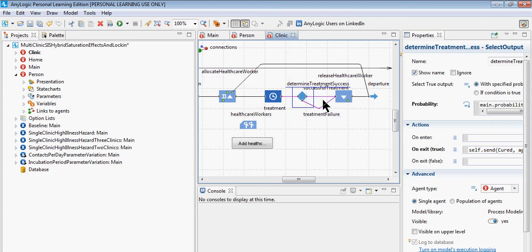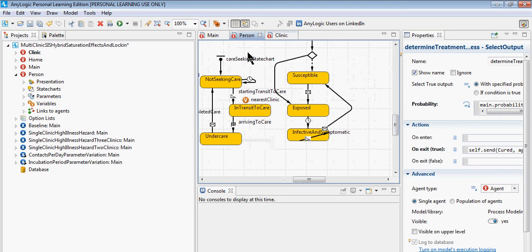Normally, we send a message, departed clinic, here. And so if they received the departed clinic message, really that person, I should fix this, should be contingent on the departed clinic message. There we go. On a particular message, departed clinic. That's when they return home.